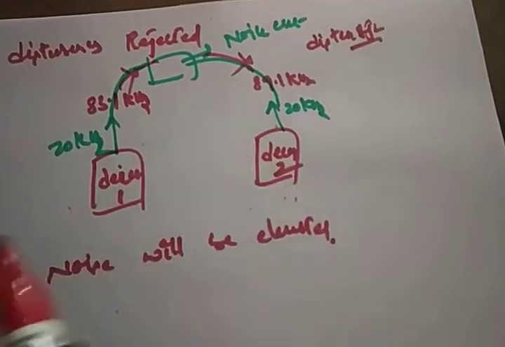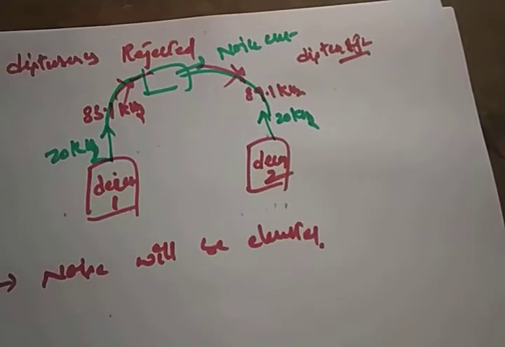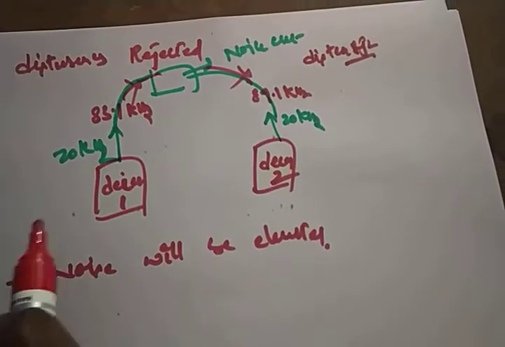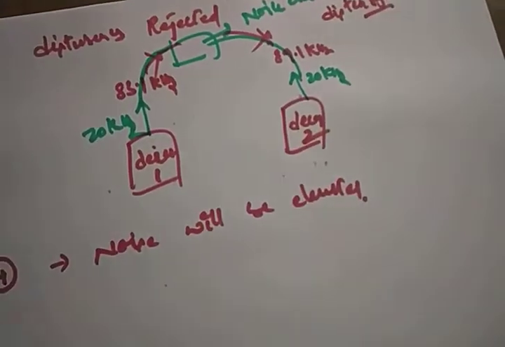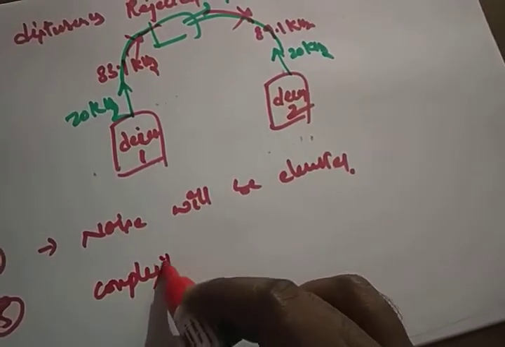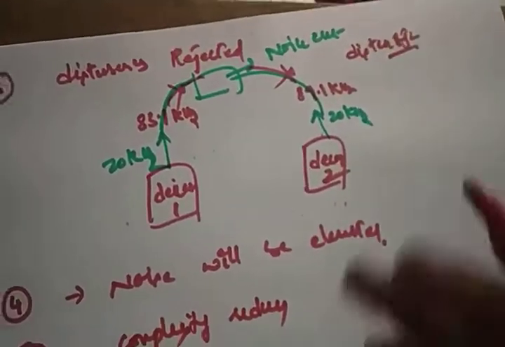The disturbances can be avoided with the help of modulation, and noise is rejected. The cost also reduces. The fifth one is that complexity will be reduced. The circuit complexity reduces, cost reduces. These are the needs for modulation.